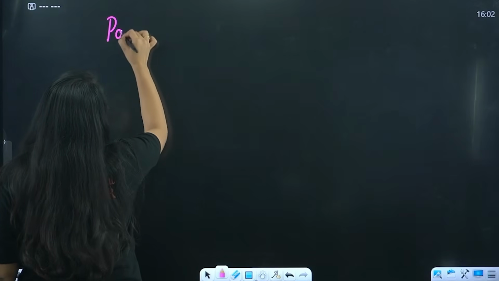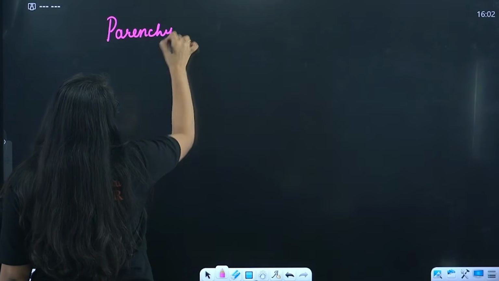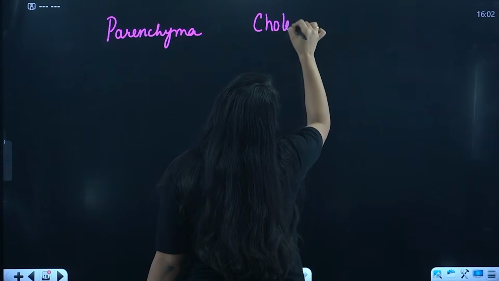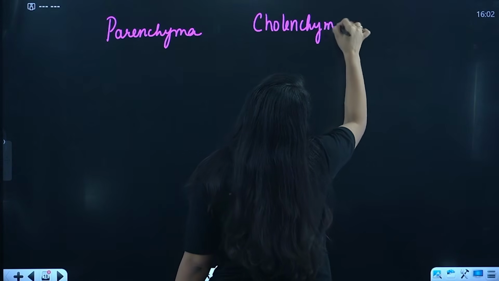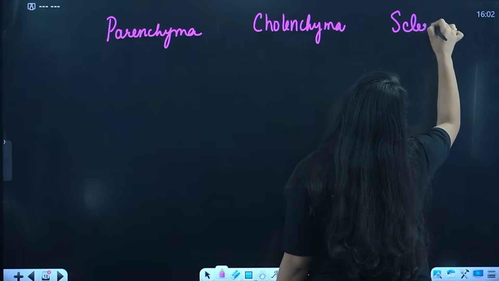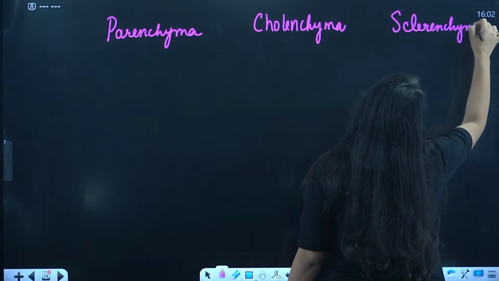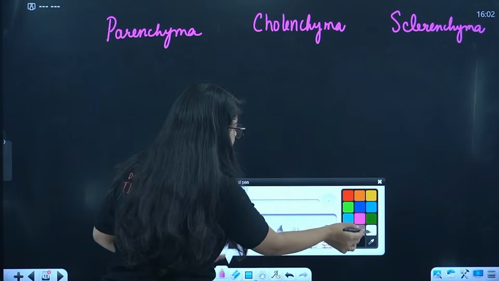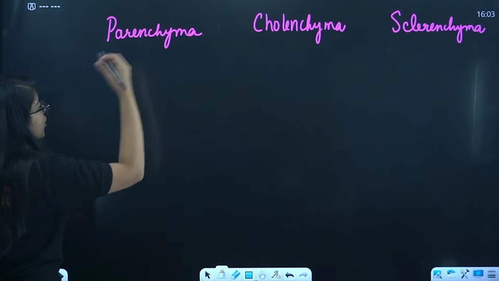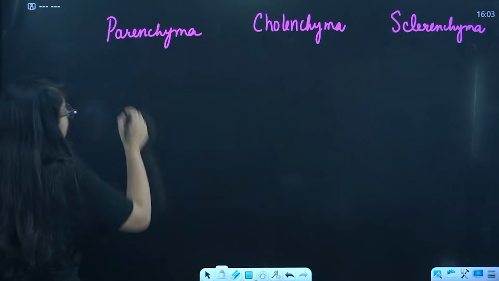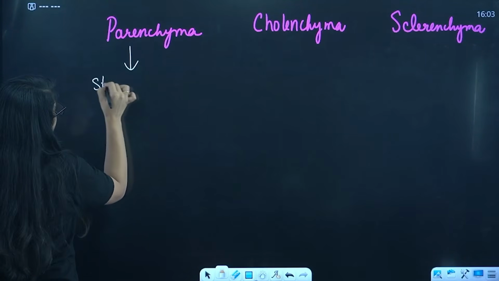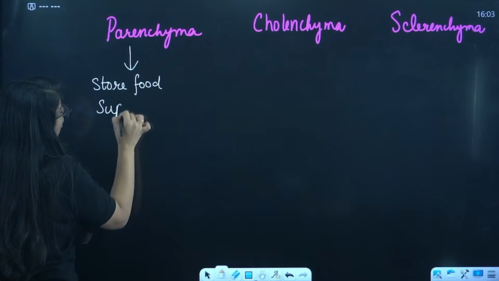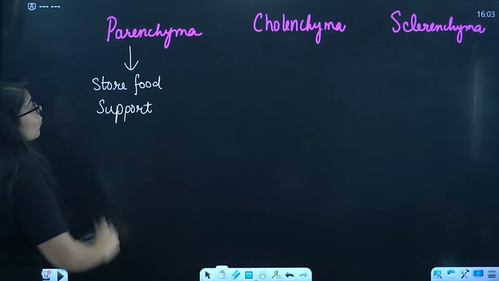Now we had parenchyma, collenchyma, and sclerenchyma. For these three, we'll write their structure and function. The function of parenchyma was to store food and provide support to the plant.